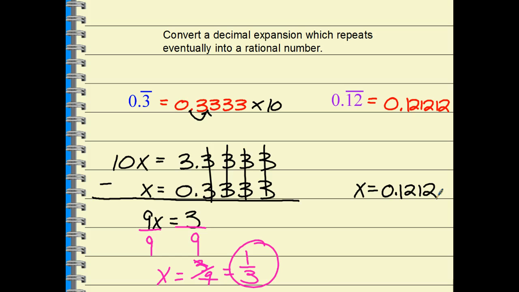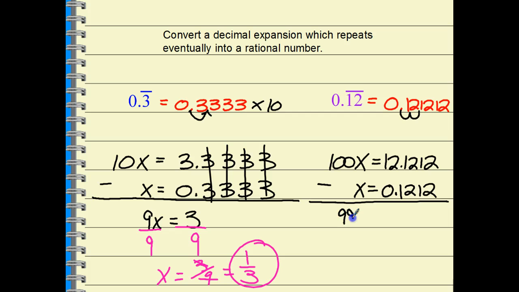And since we want to get rid of that repeating 12, when we move this over 2 times, we're not multiplying by 10, but we're multiplying by 2 zeros, which is 100. 100x is equal to 12.12. And again, we'll just write a couple of the repetitions down, and now we subtract.